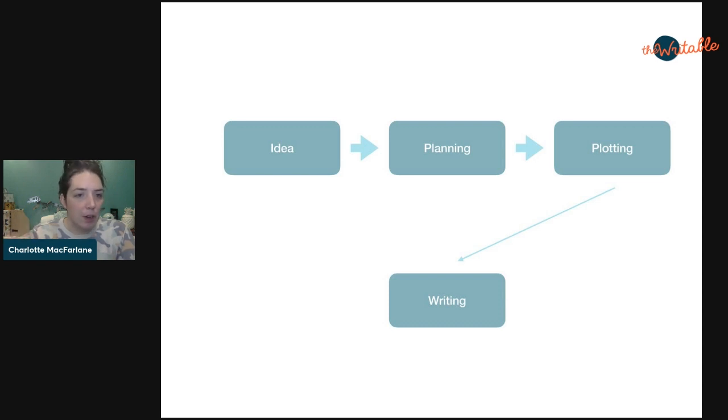Then you put together an actual plot of how the story is moving forward, how all of those pieces interconnect. That way, when you sit down to do the actual writing, the only thing you need to do is figure out how to share the layers. You're not trying to create those layers as you go, or explode your brain trying to figure out all of these pieces coming together. It's really about making your life simpler and not harder. I think that's my whole goal, just making life more simple.